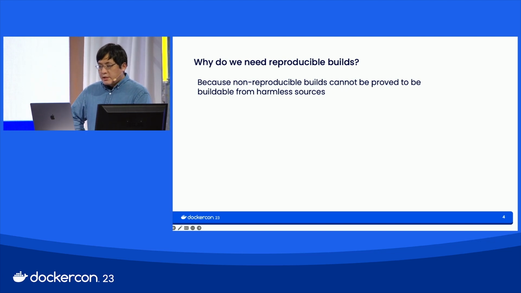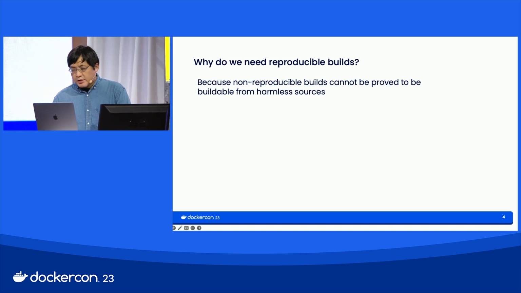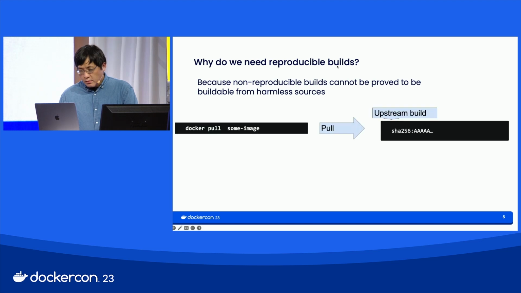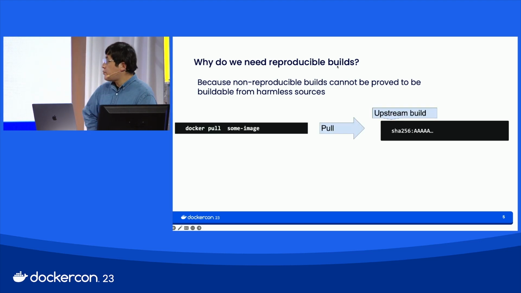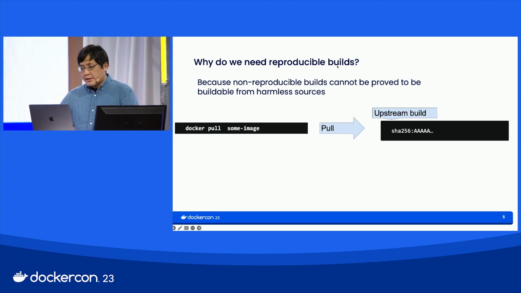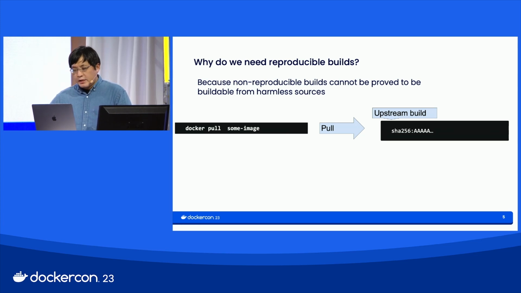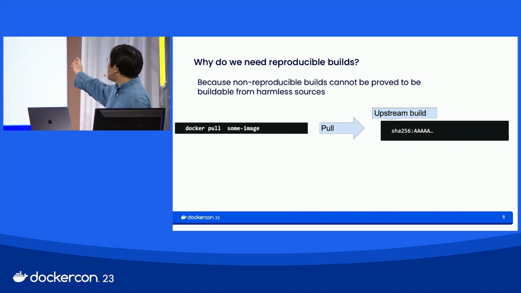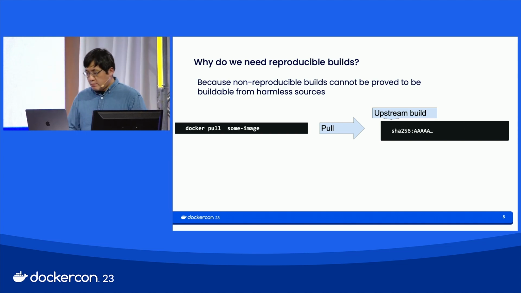So why do we need it? It's because non-reproducible builds cannot be proved to be buildable from harmless source code. Let's see an example. You pull some image from the registry and get some SHA-256 digest value, such as sha256:AAAAA.